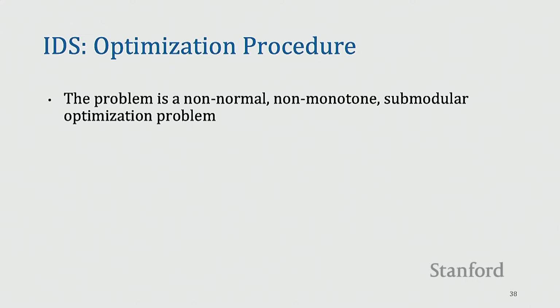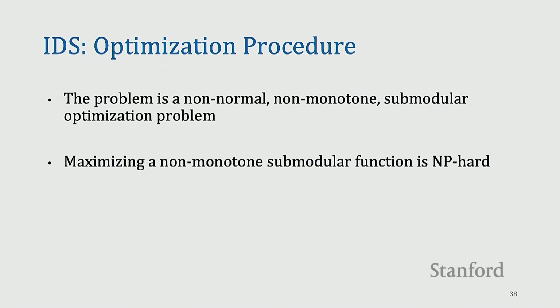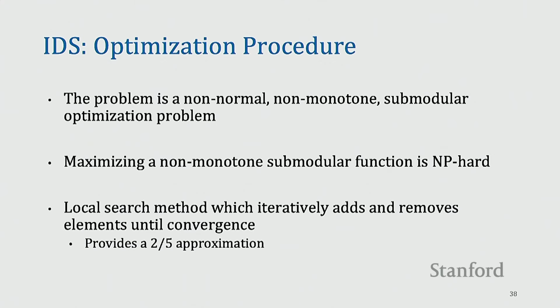Without going into too much detail, because that's not the point of this conversation, maximizing such a problem turns out to be NP-hard, but the good news is there are approaches which can provide reasonable approximations, and we can use those to efficiently solve this objective. In fact, it's faster than what the Bayesian rule list was trying to do.